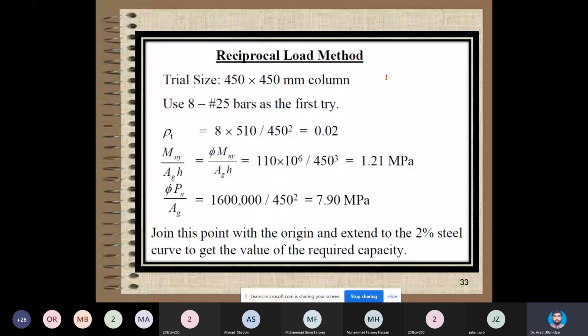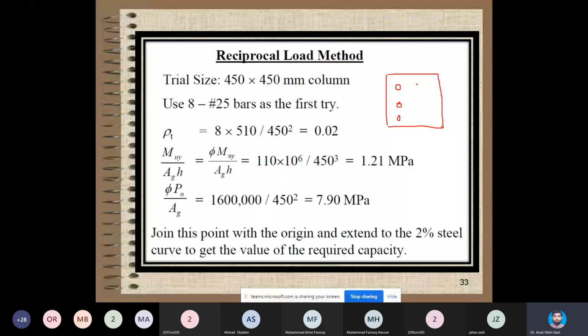But we are well aware that a column 450 by 450 with 8 number 25 has been selected based on one approximate method, and that method's limitations are fulfilled, and we are quite sure that the earlier design is fine. So we have the opportunity to validate the same column with the review technique, which is reciprocal load method.